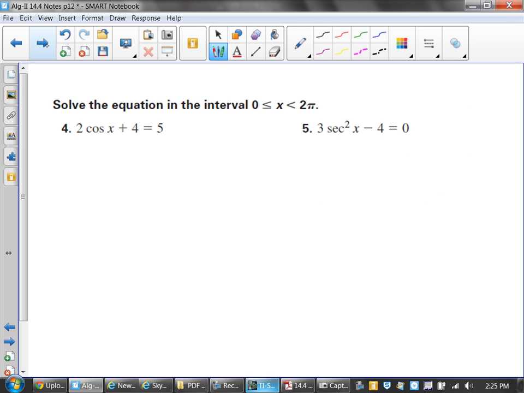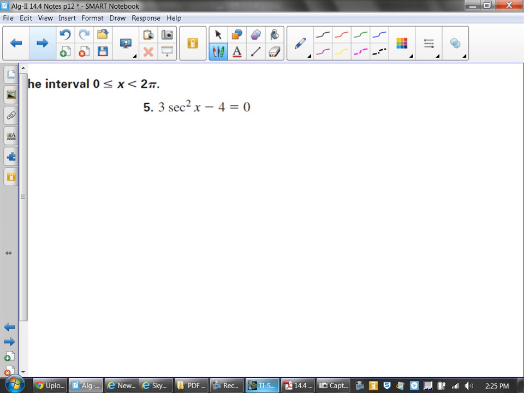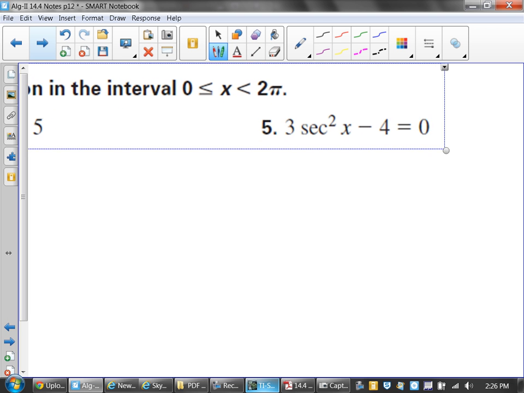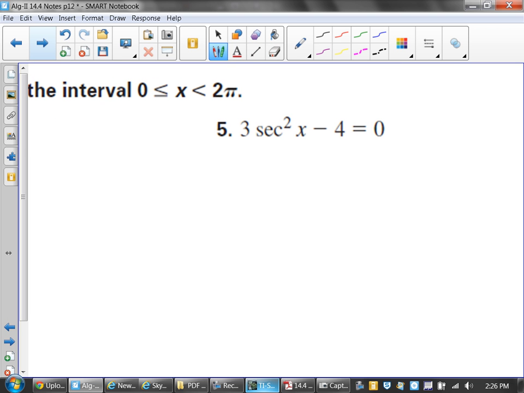All right. Let's look at number 5. Again, on the interval, let me show you guys how to work with one that is an inverse. So if I start with this one, I'll let you guys write this down first, and I'll read.